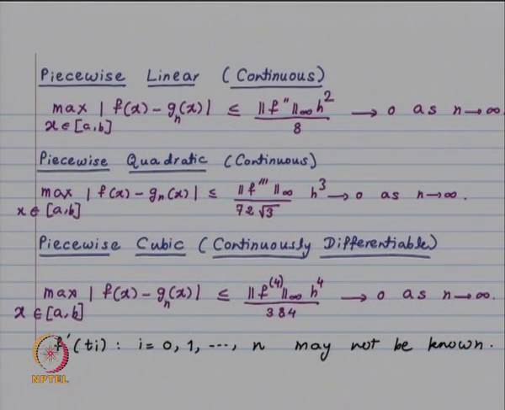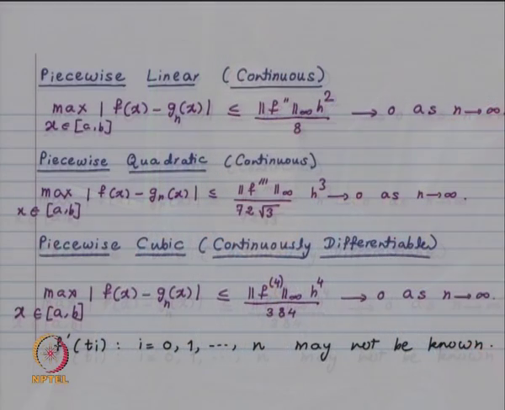Let us recall the bounds for piecewise linear and piecewise quadratic. In case of piecewise linear, our function was continuous and the error was less than or equal to a constant times h square, where the constant involved the second derivative.